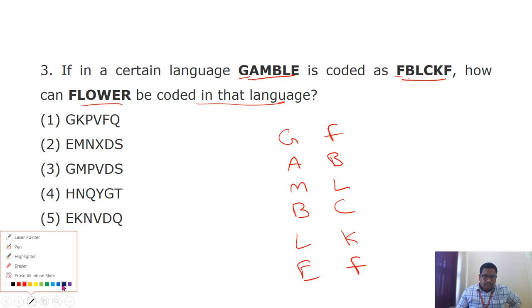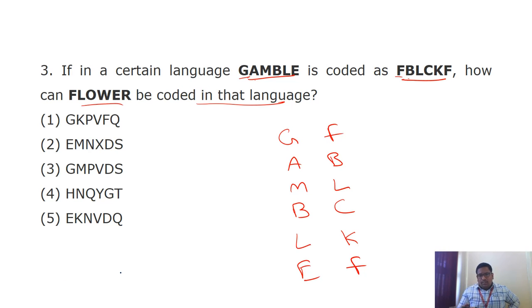Now if you see, G to F is minus 1, A to B is plus 1, L to M is minus 1, B to C is plus 1, K to L is minus 1, E to F is plus 1. So this is the logic: one backside, one front.